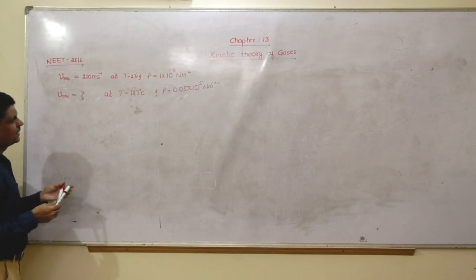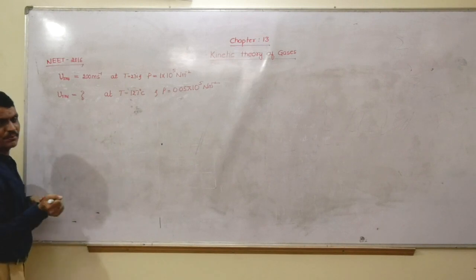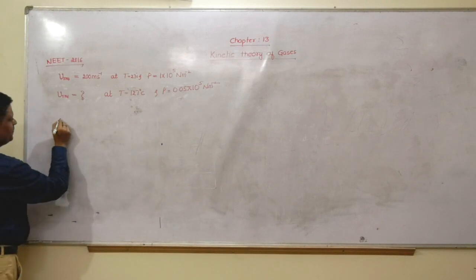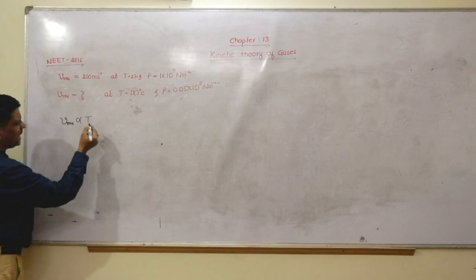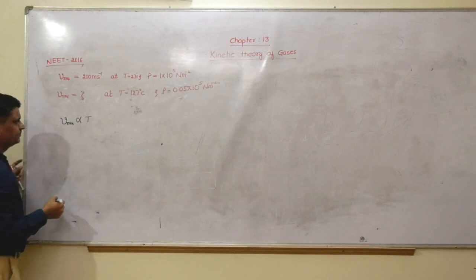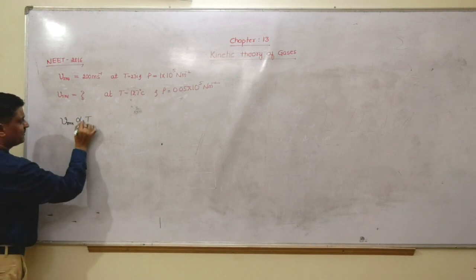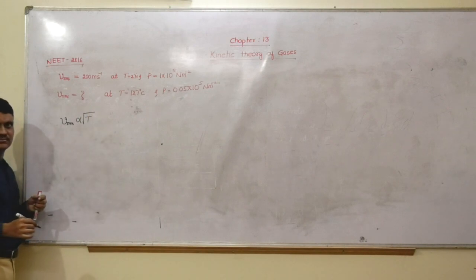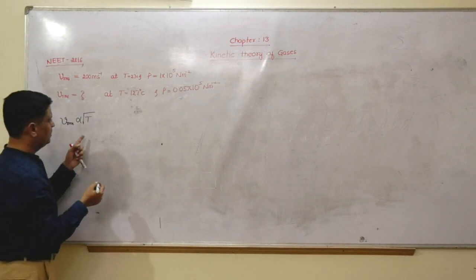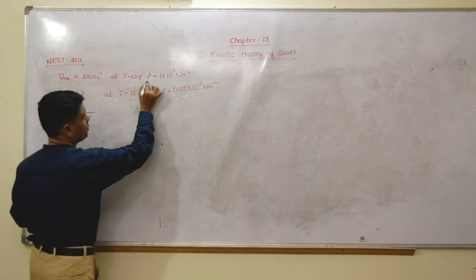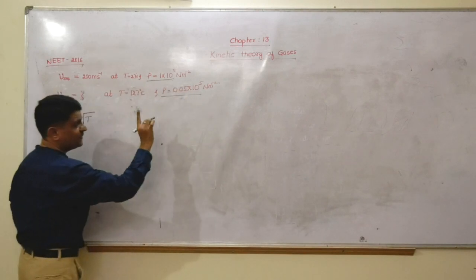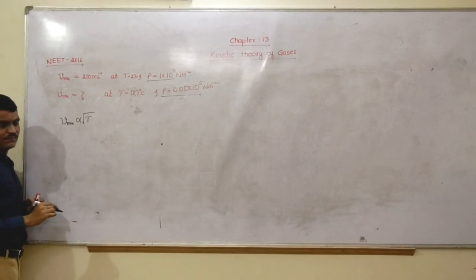See here, directly no need to go much detail. We know that VRMS is directly proportional to root of absolute temperature T. So, it means it depends on temperature. But pressure is given. But your given pressure is not at all useful.